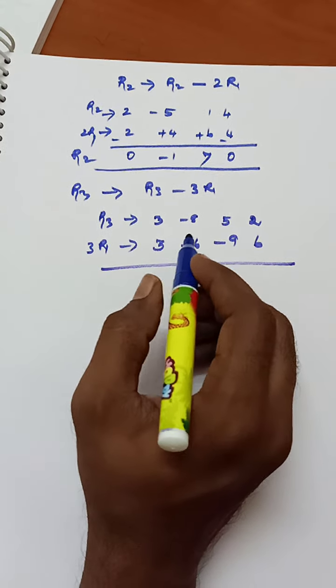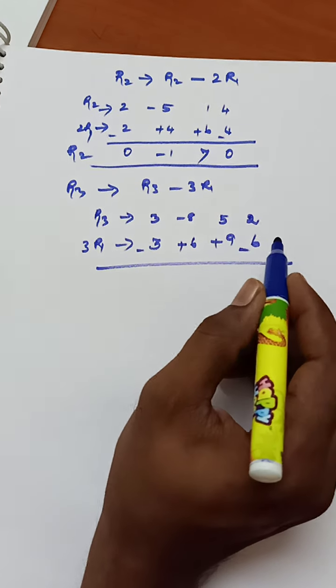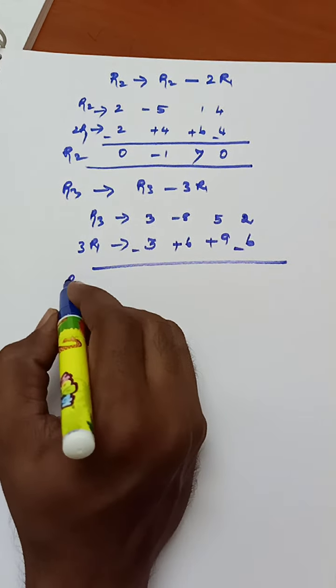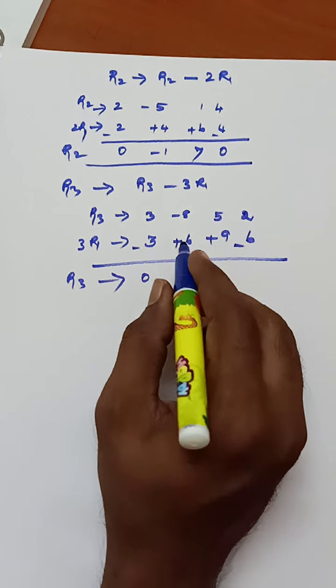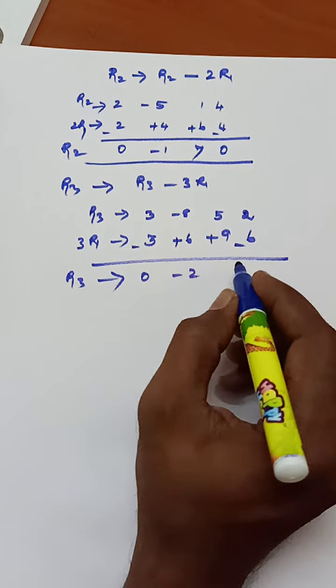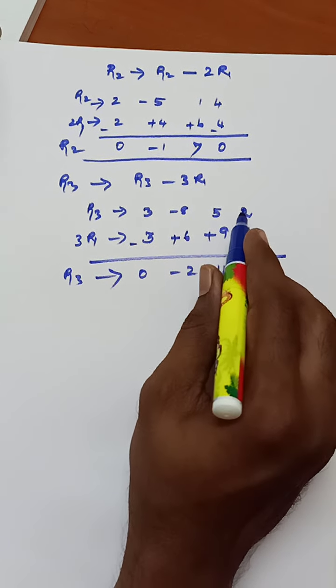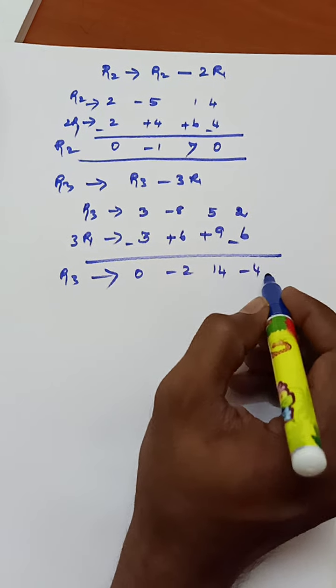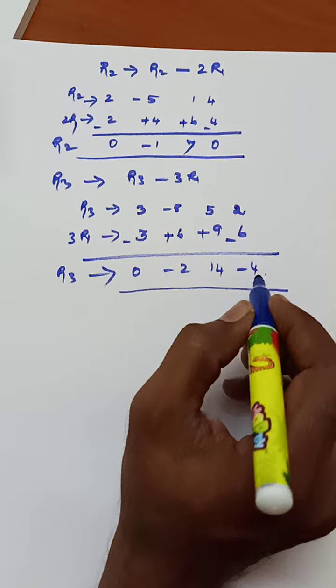Again subtraction, so minus plus, plus minus. So your new R3 is 0, minus 8 plus 6 is minus 2, 5 plus 9 is 14, and 2 minus 6 is minus 4. It is 0, minus 2, 14, minus 4.